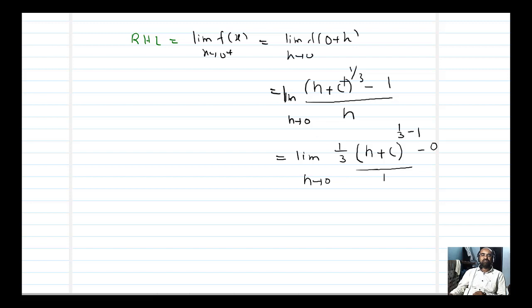I used the LH rule. Directly you can use factorization also, that is not a big problem. So what happened? 1 by 3 into c power minus 2 by 3. So this is the RHL.